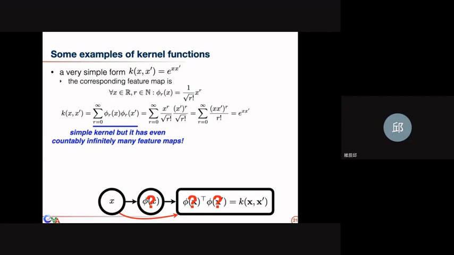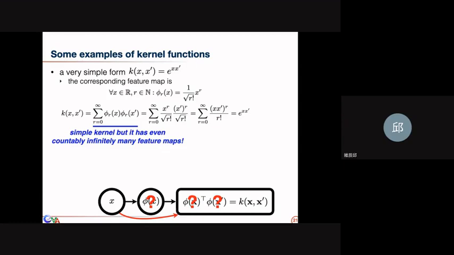So here is a great example to show that even a very complicated feature representation could be related to a very simple kernel. If you know how to compute a kernel and you know that this kernel is related to a specific feature representation, that is already good enough.